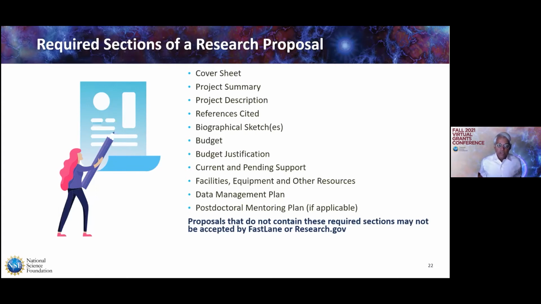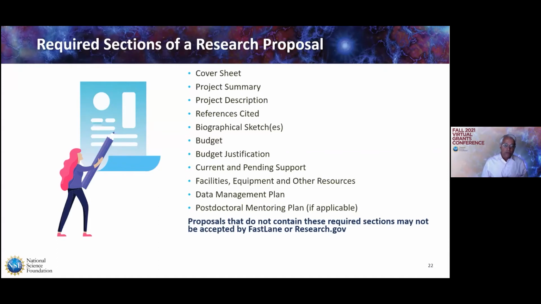You need to submit a set of references that you're citing in your project description, a set of biographical sketches, the budget and budget justification, as well as a report of current and pending support that each senior person on the project has, a description of what facilities, equipment, and other resources you have available to conduct the research, a data management plan, and a postdoc mentoring plan, if applicable, that is, if your project is supporting postdocs. And we'll go through all these sections in detail over the next several minutes.